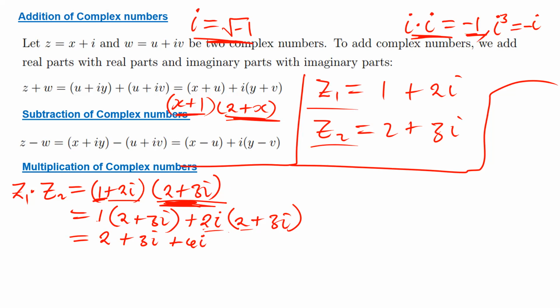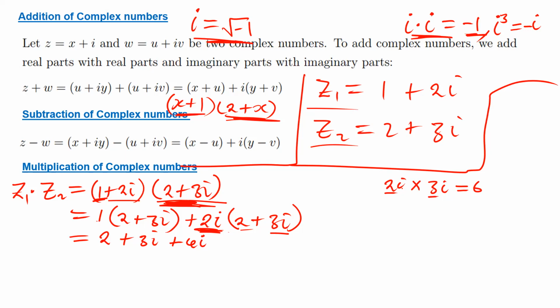Now the last part here, this is why a lot of people get confused, and this is why most people get it wrong. When you multiply 2i times 3i, you are simply multiplying 2 times 3, and that will give you 6.